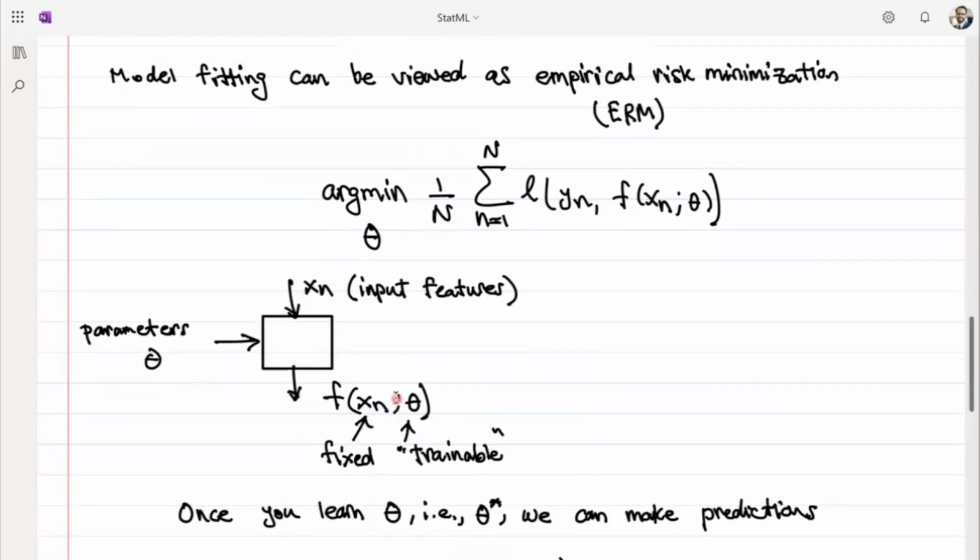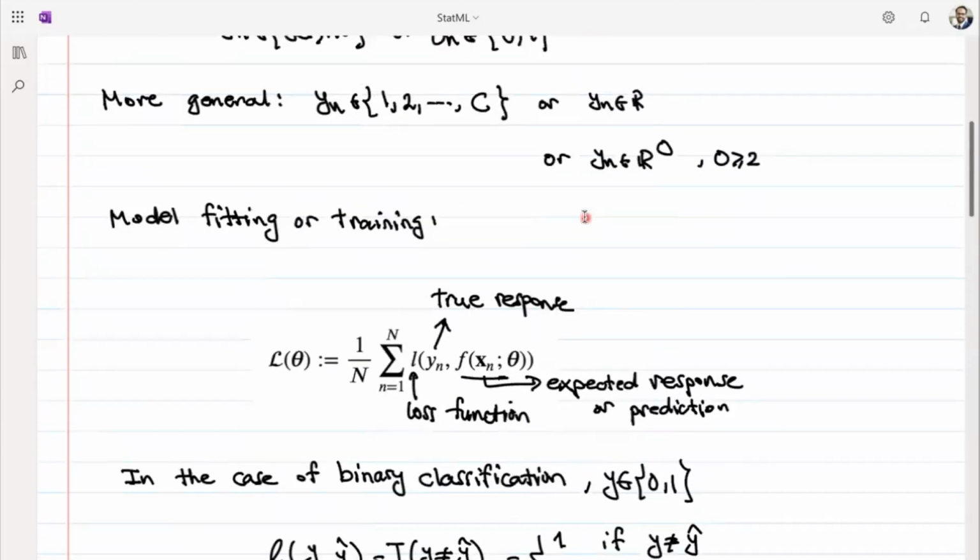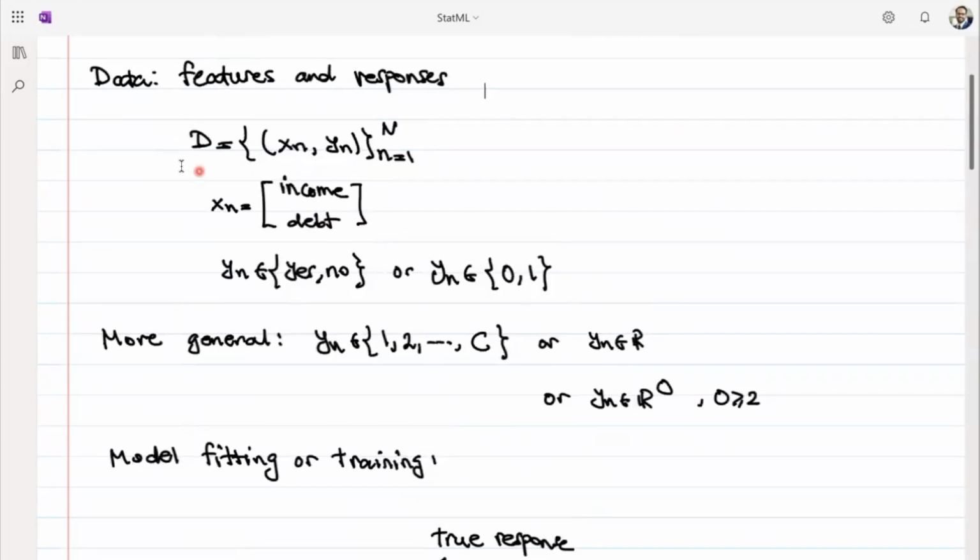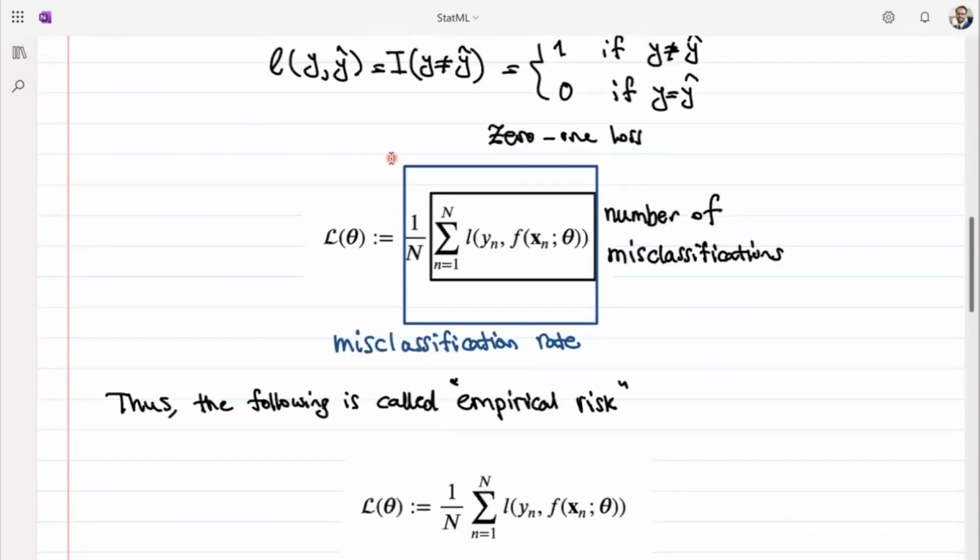So that's why I use this notation, to show that what we really want to optimize here is this theta. And xn's and yn's are coming from your data set, and this is fixed and given to us. So there's really nothing to change here or optimize. Therefore, that's something to keep in mind.